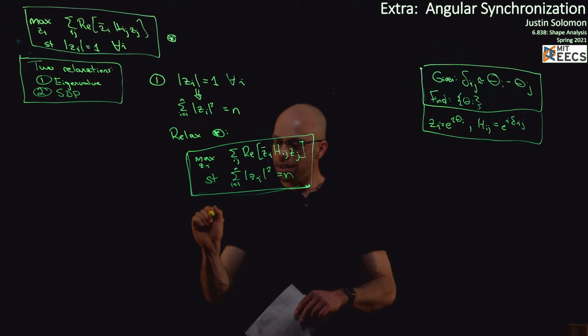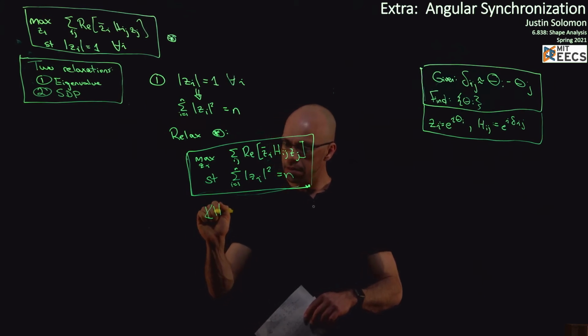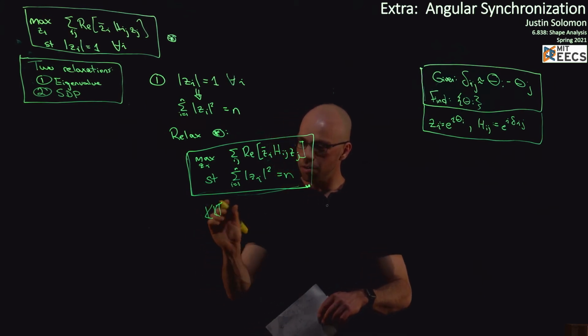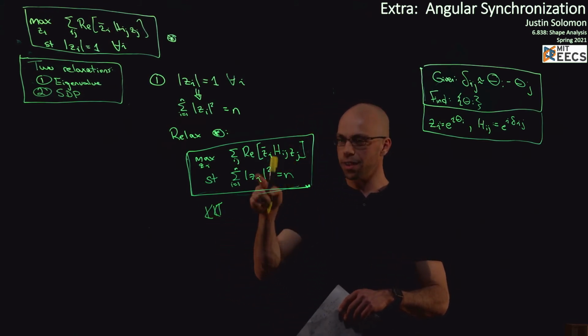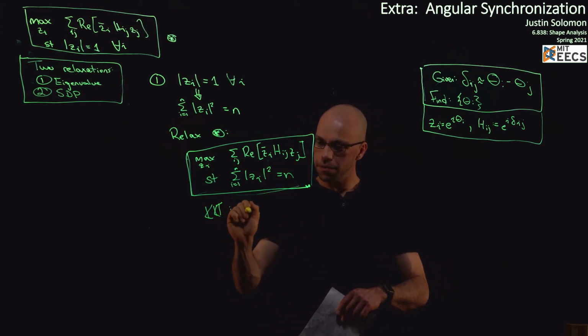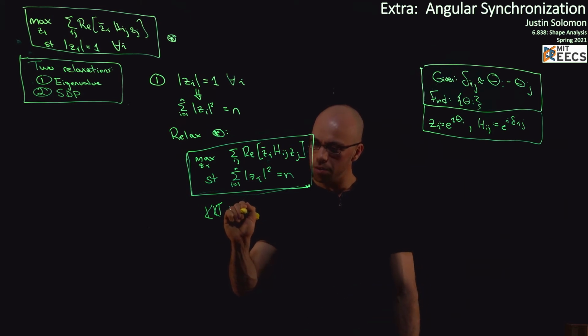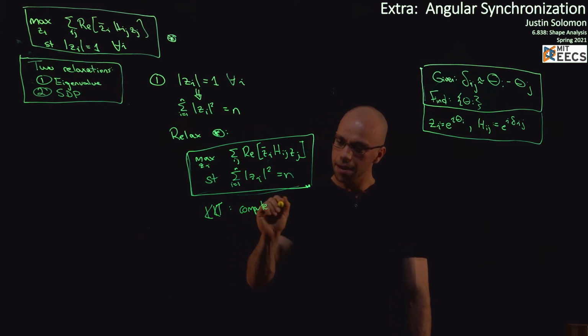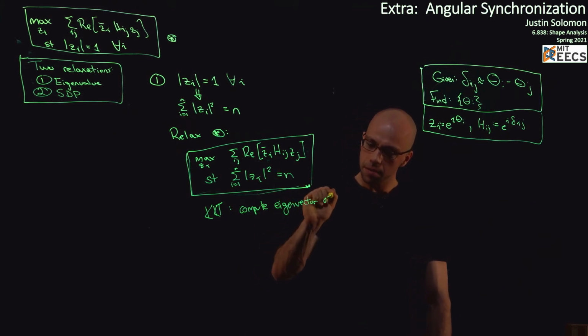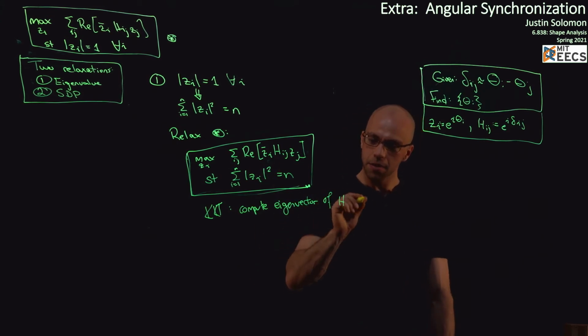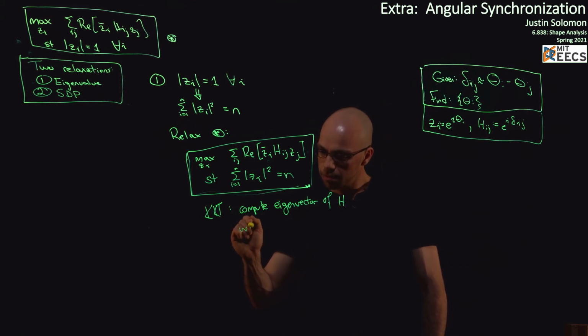So if you write down the KKT, or really just the Lagrange multiplier expression for this constrained problem, what you're going to figure out is that all you're really doing is computing the eigenvector of this matrix H with the biggest eigenvalue.